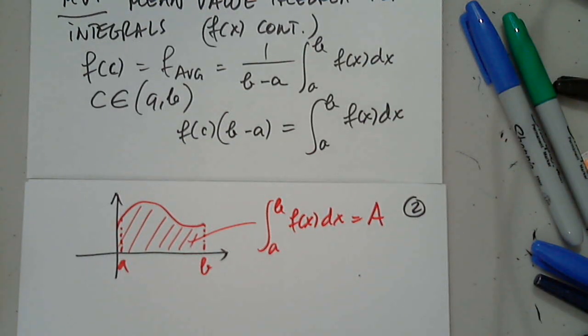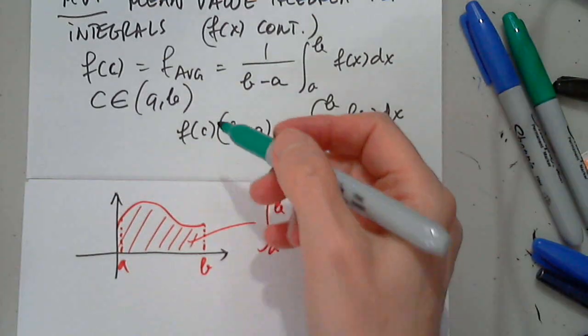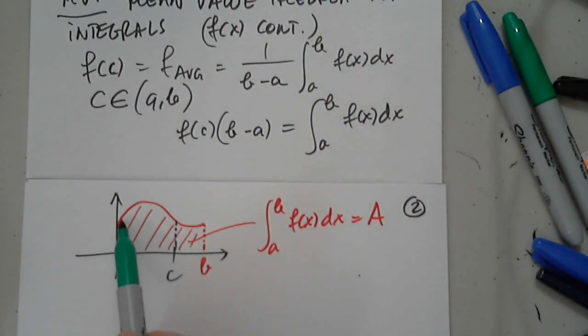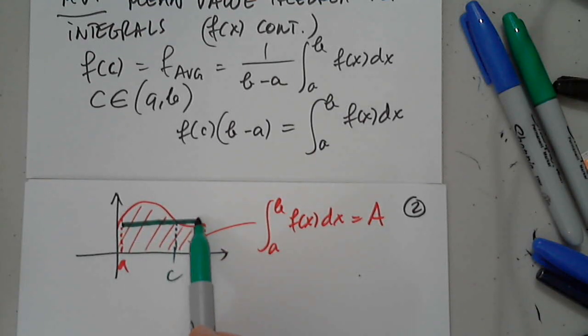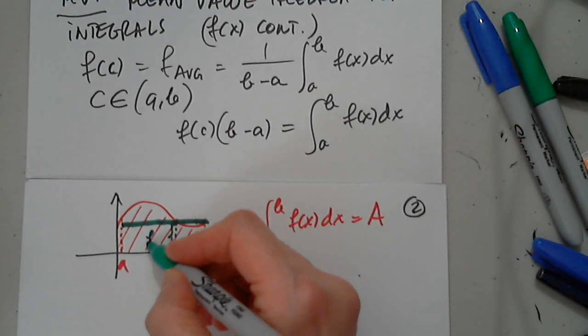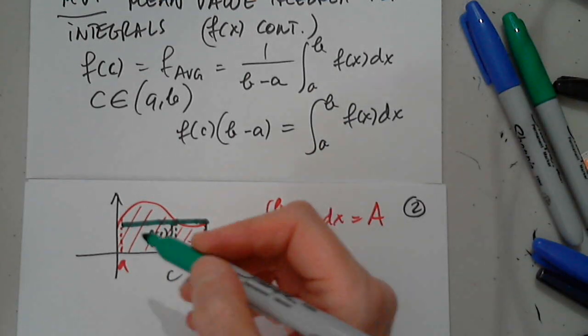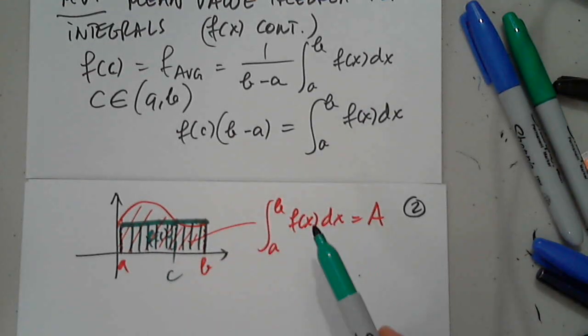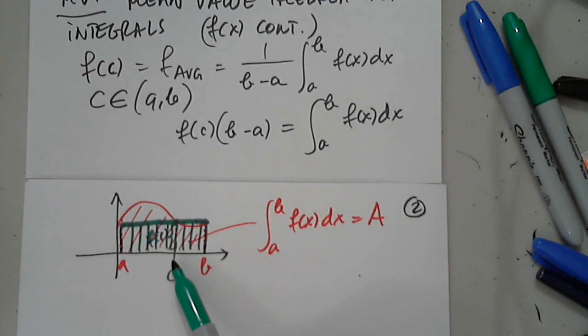And we must find a point or an x value somewhere, c, such that this rectangle with a height at f of c will have the exact same area as the area under the graph.